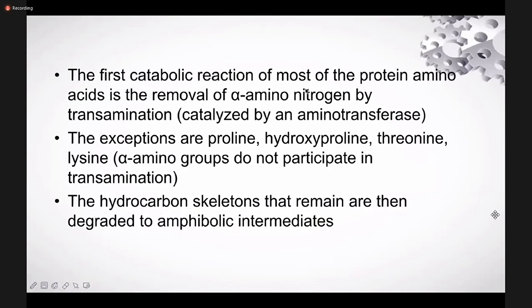So we know that the very first catabolic reaction of most protein amino acids is the removal of the alpha amino nitrogen by transamination.